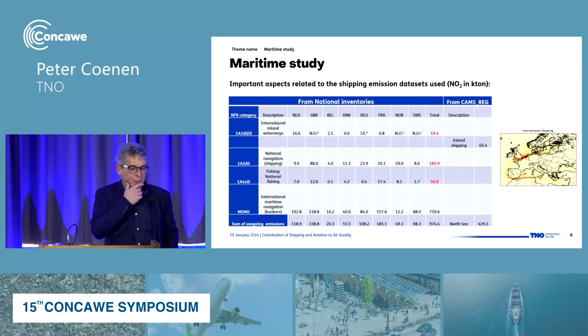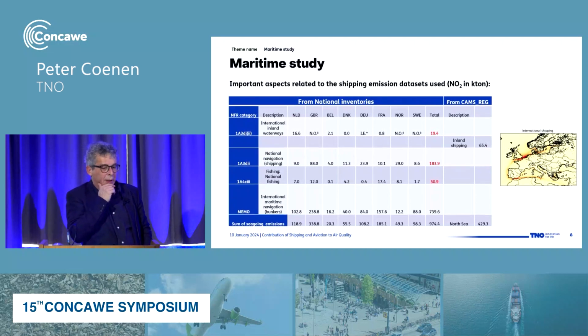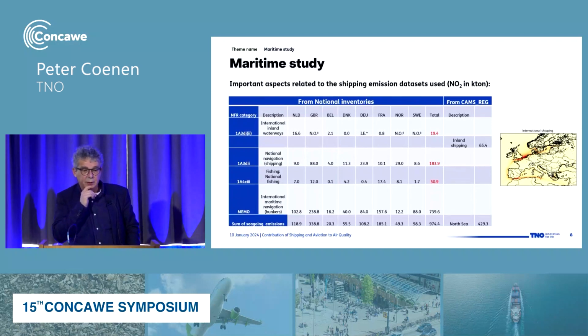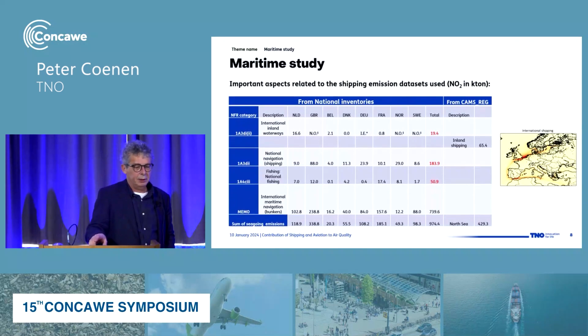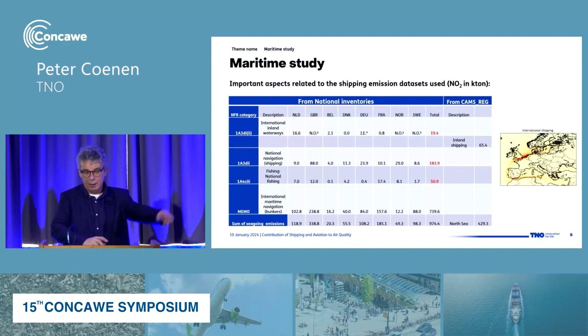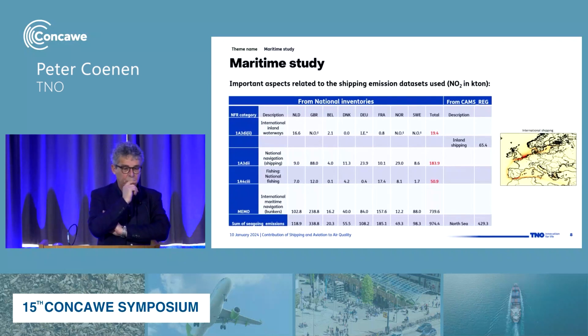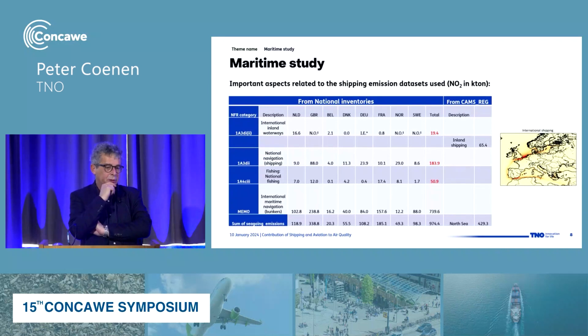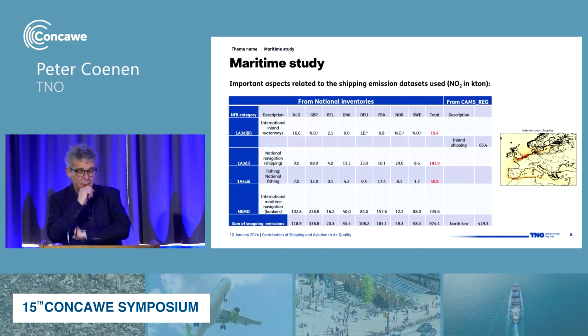And the main issue here is that although the emissions from international maritime traffic, so outside the national waters, are to be reported in the memo item, the memo item covers only fuel sales for bunkering, and a lot of those emissions are not within the domain of this research.